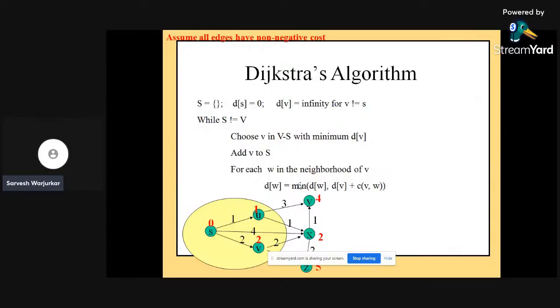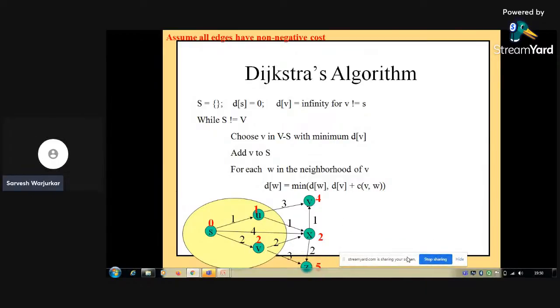By going with a different track, S to X and X to V, it gives you 4 plus 1, that is 5.